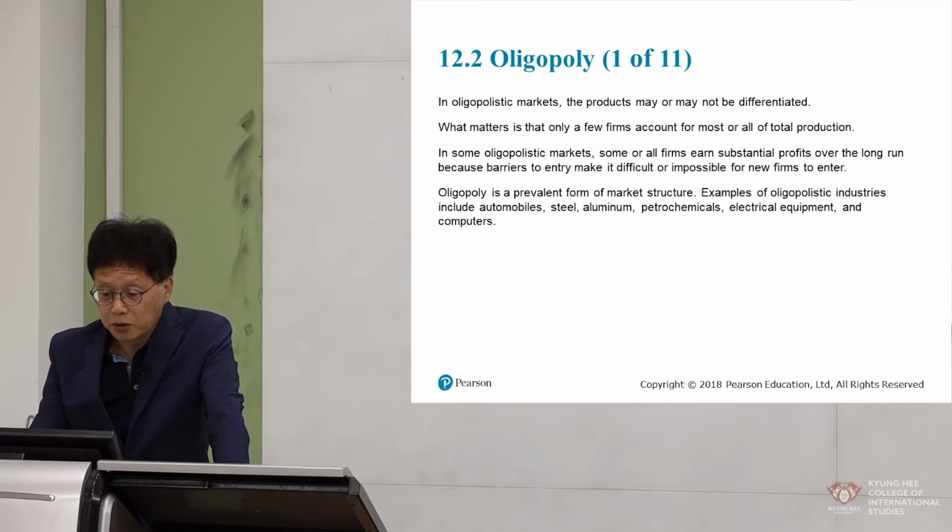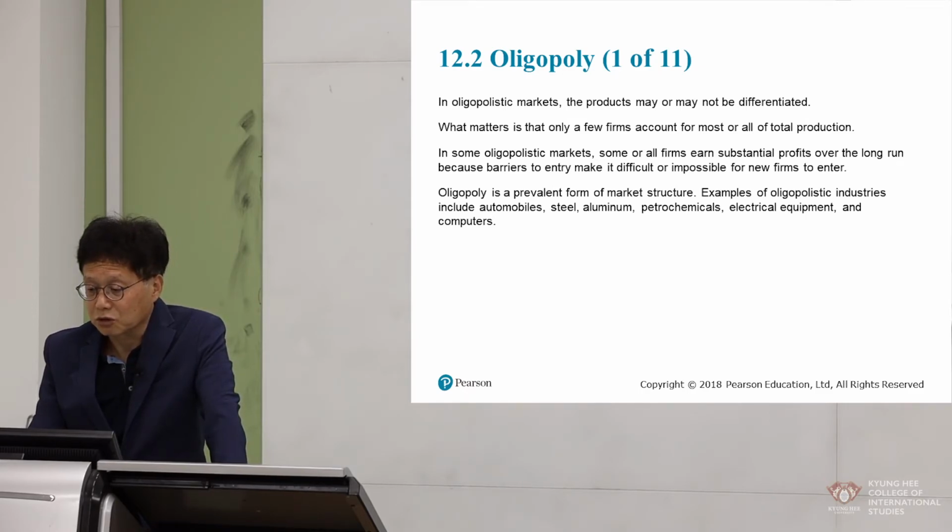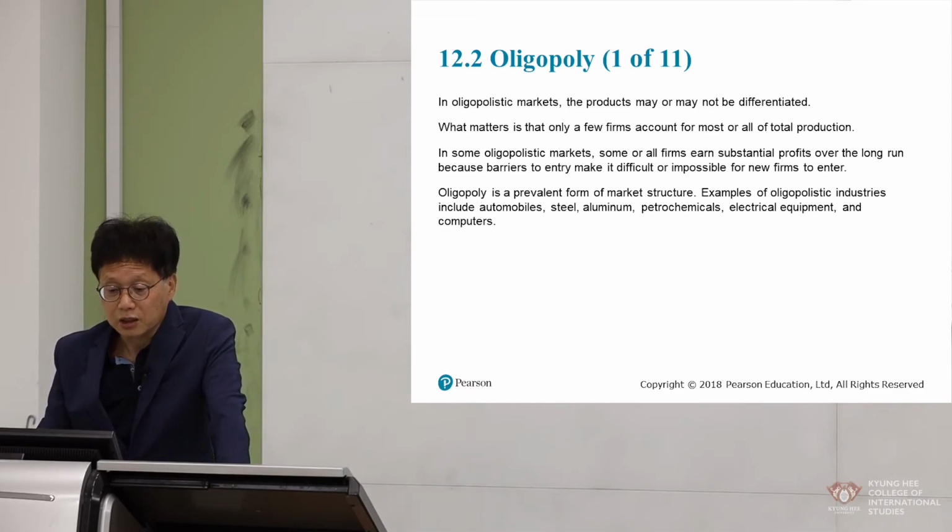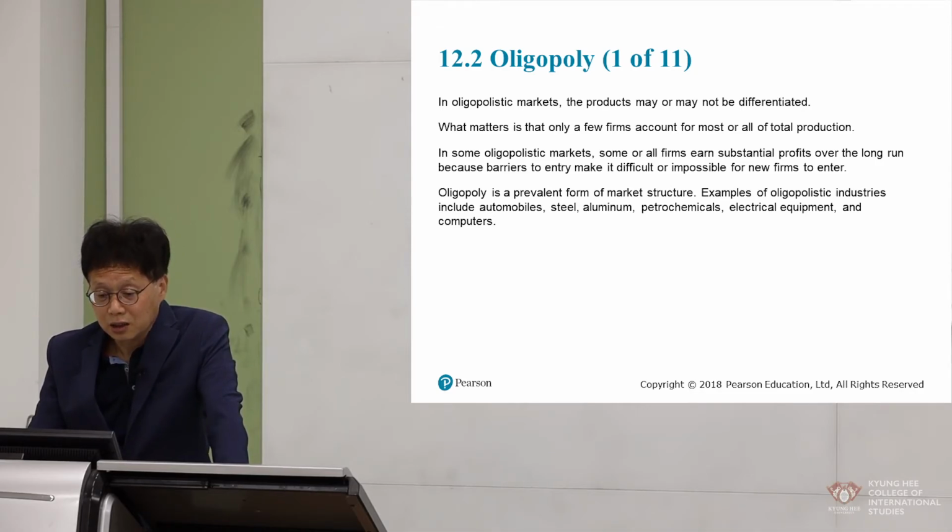In some oligopolistic markets, some or all firms earn substantial profit over the long run because barriers to entry make it difficult or impossible for newcomers to enter. Okay? No free entry and exit. There exist entry barriers anyway. Oligopoly is a prevalent form of market structure now.